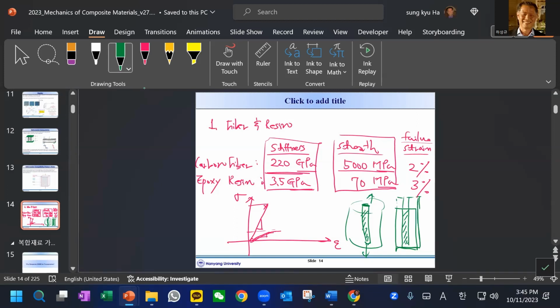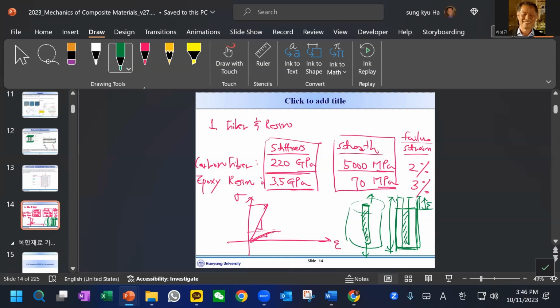So this is going to be a final deformed shape, and this is going to be an initial shape. So the most important point of the fiber and resin system is that the fiber and resin deform together, meaning that this amount of strain, either fiber or resin, will be the same.